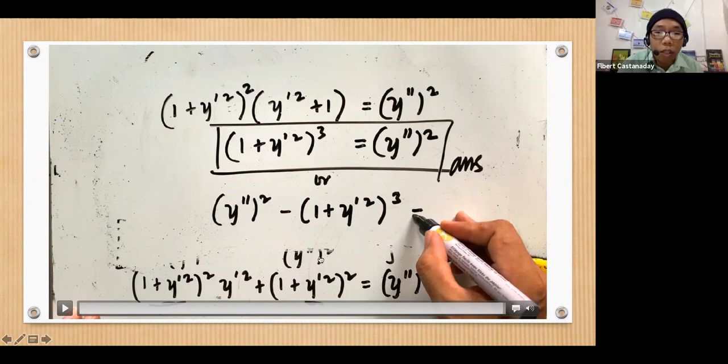Since we factored this out, what will remain here is 1. Take note that this function is similar to this one, so you can combine them using the law of exponents. The base is the same, 1 plus y prime squared. How do you multiply? You simply add the exponents. So 2 plus 1 is 3.